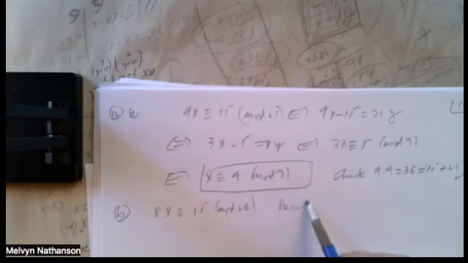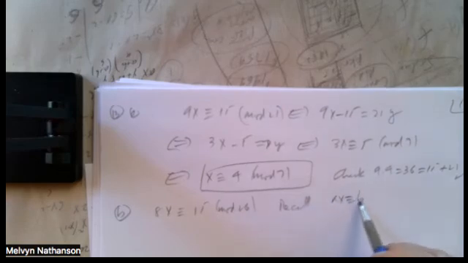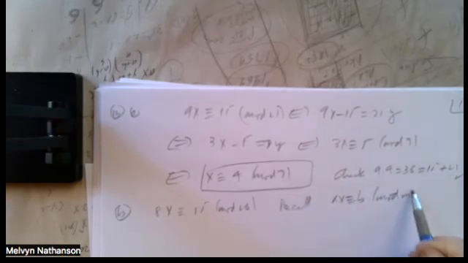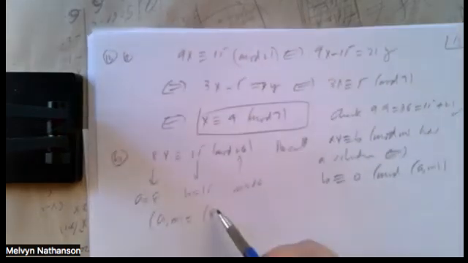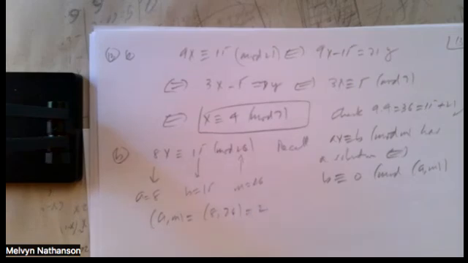But you should recall the theorem that says ax congruent to b mod m has a solution if and only if b is congruent to 0 modulo the greatest common divisor of a and m. So in this case, a is equal to 8, b is equal to 15, m is equal to 26. The greatest common divisor of 8 and 26 is 2.